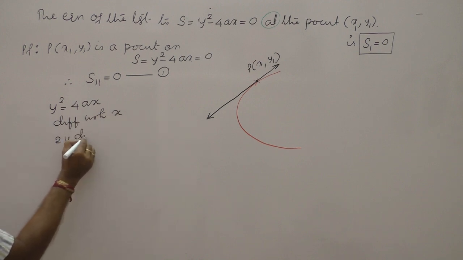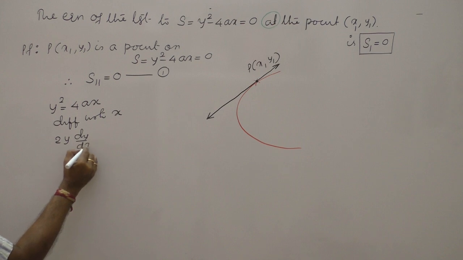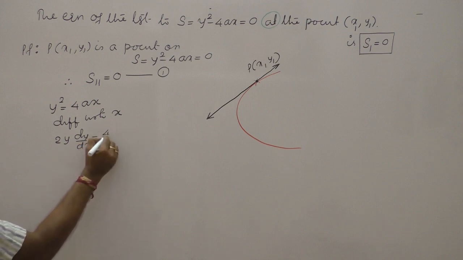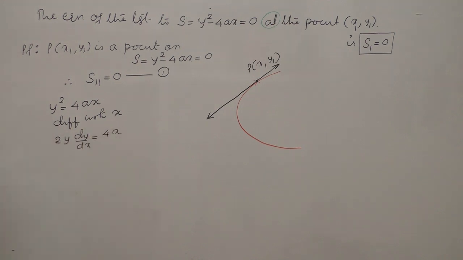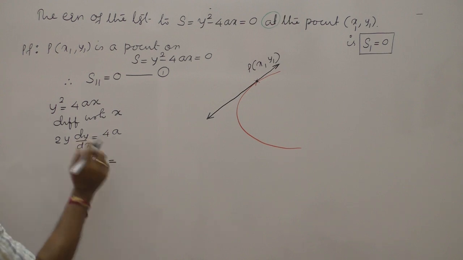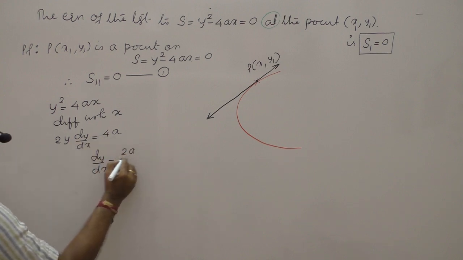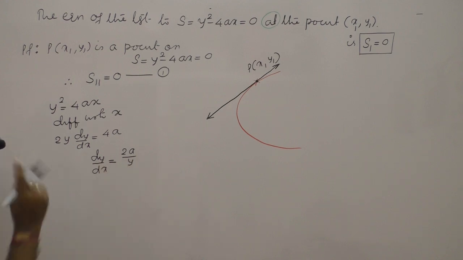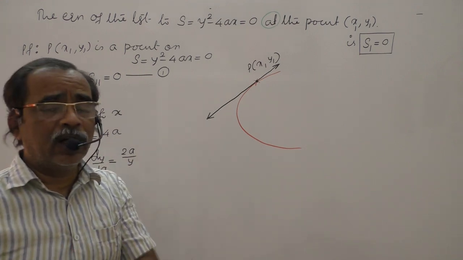This is 2y into dy by dx. We are differentiating with respect to x. 4a into x derivative is 1. Therefore dy by dx is equal to 2a by y, since 2 can be cancelled. What is this? This is dy by dx.